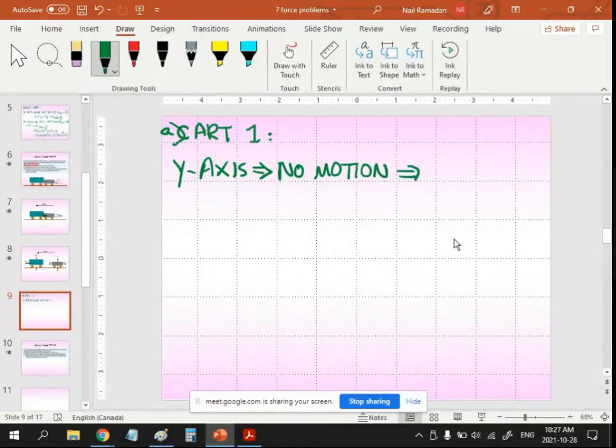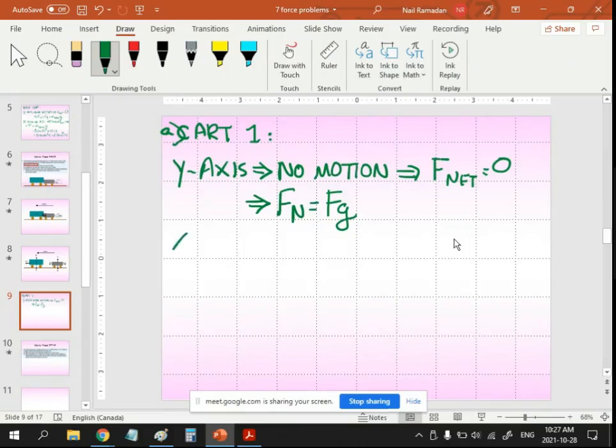Which means F net equals what? 0. Which means the vertical forces are equal. So what's my next statement? Fn equals Fg.